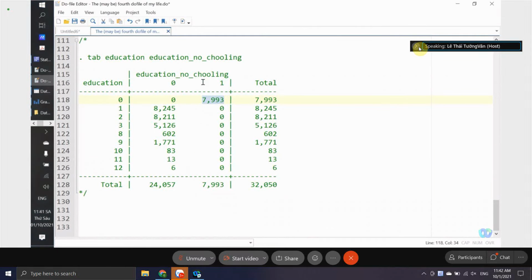So the ones who have no schooling will be given the value 1 in this variable, and all the people who have other education qualifications will be given a 0. So this is called a dummy. It takes a value of 1 if a person doesn't have any education, doesn't have any degree, and 0 otherwise. You understand what a dummy is?